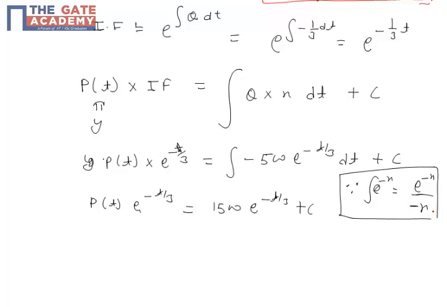This is the procedure when you want to solve the equation. After that, this is the equation which we get. Now, what is given? The population at the initial time is given as 850.